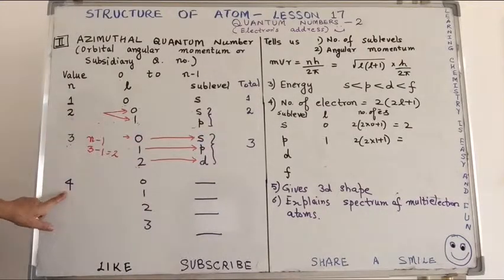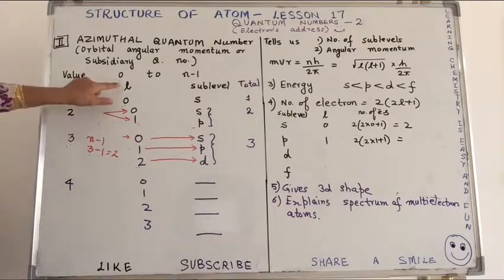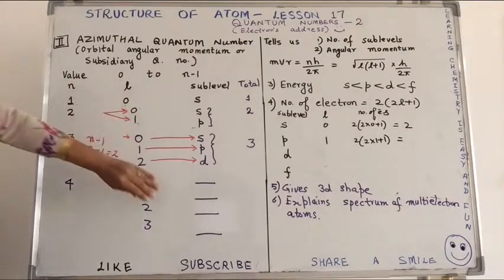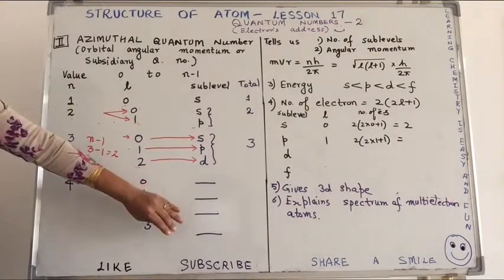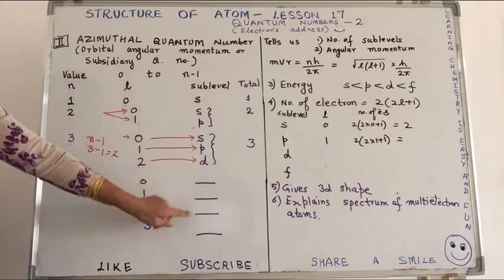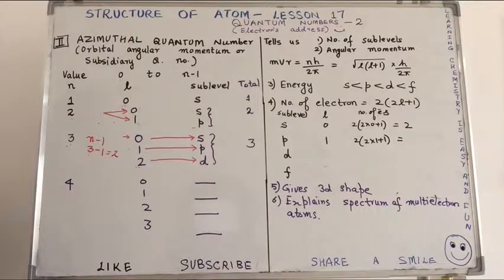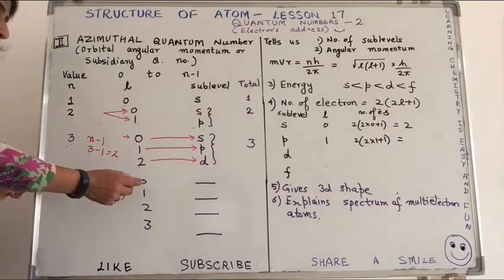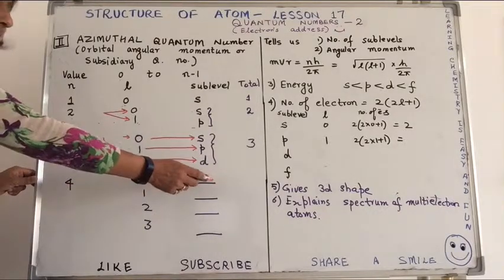Now for n is equal to 4, what will be the value of L? Although it's written on the board, can you work it out yourself and tell me what are the possible values of L? What will be the sublevels and how many sublevels are there in all in the fourth energy level? Yes, please work it out. Please don't do 0 to n minus 1 over here.